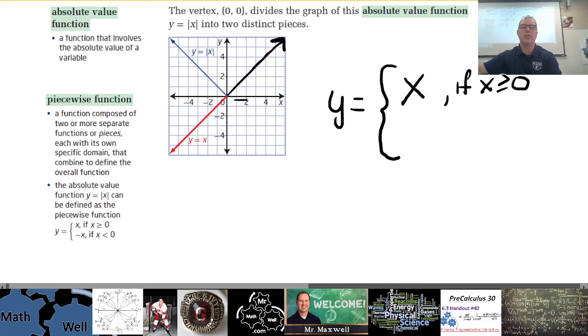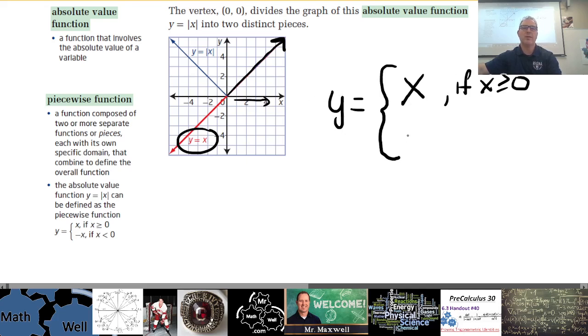So if x is greater than or equal to 0, they're saying that this function is exactly like a regular x. So this is the y equals x line, the red one.